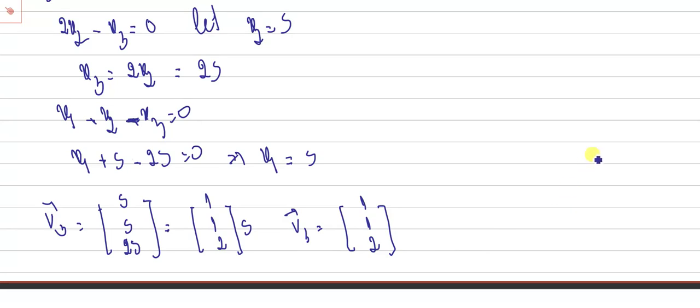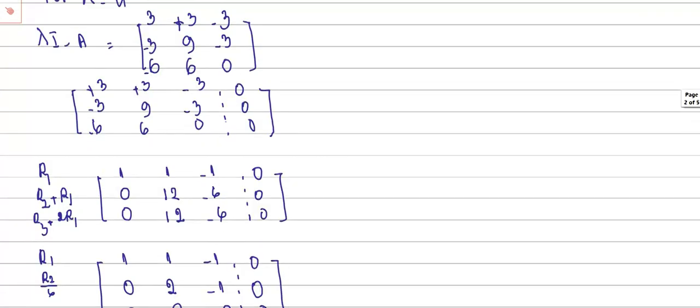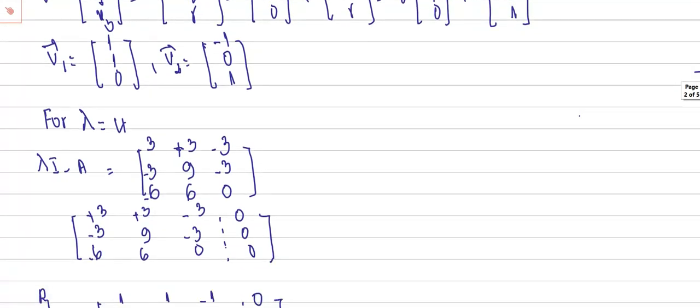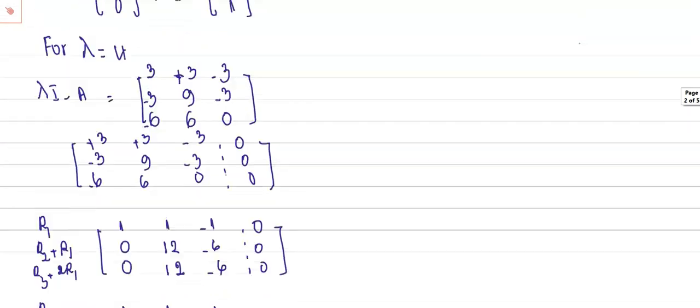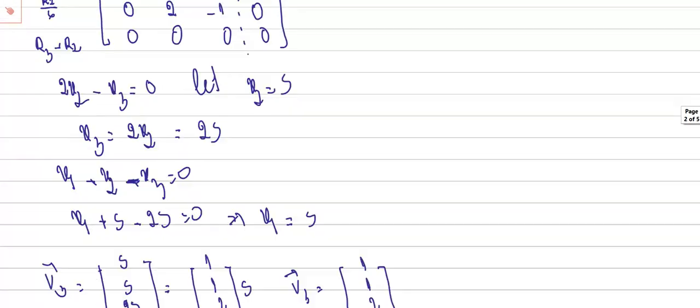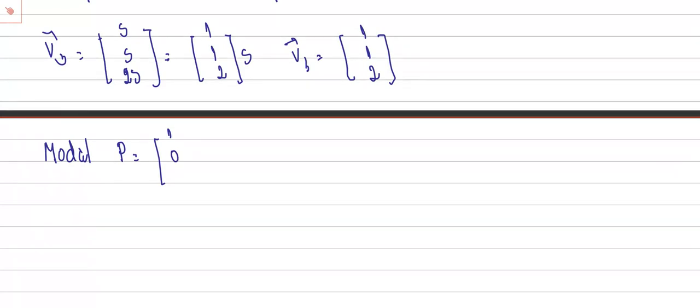Now I got the P. So modal matrix P is equal to 1, 1, 0, minus 1, 0, 1 and 1, 1, 2.